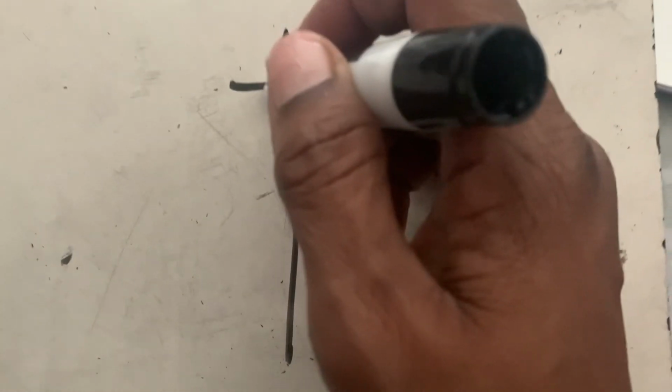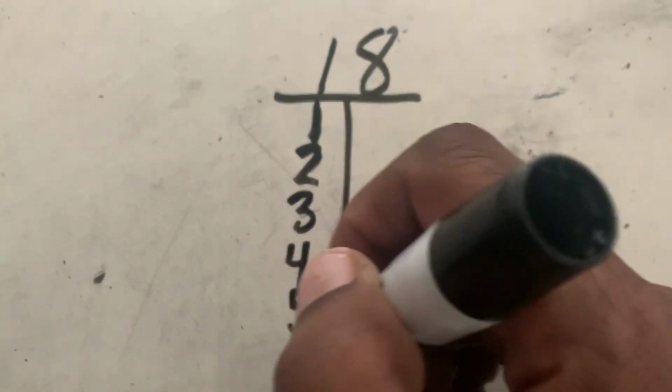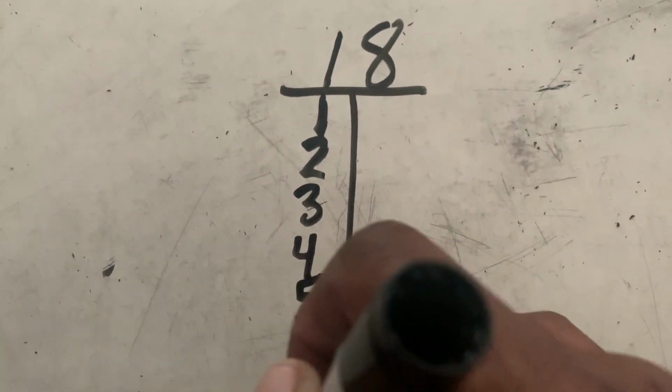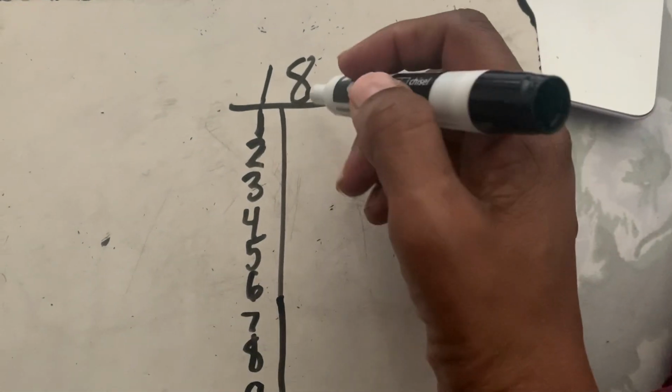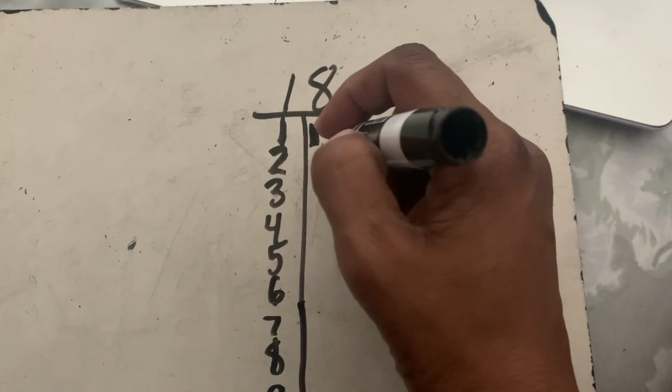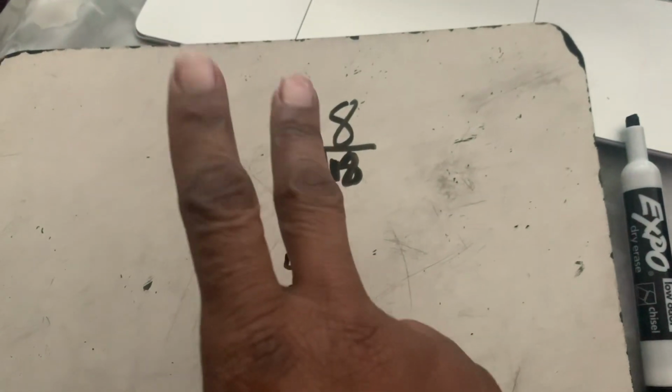And I go up to 9. Okay, 1 times what gives me 18? 18. 2 times what? Let's see. 2, 4, 6, 8, 10, 12, 14, 16, 18.